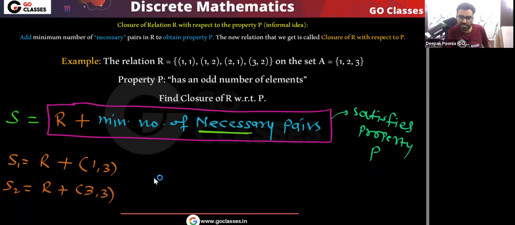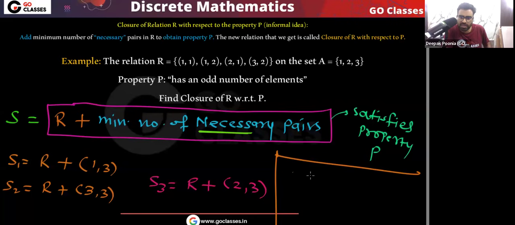Maybe some student will add something else. Maybe some student will say, sir, I will add 2, 2, or maybe I will add 2, 3. Okay, and so on. I hope you are getting my point. The answer will be: this closure does not exist. That will be the answer. I hope you understood. Okay.